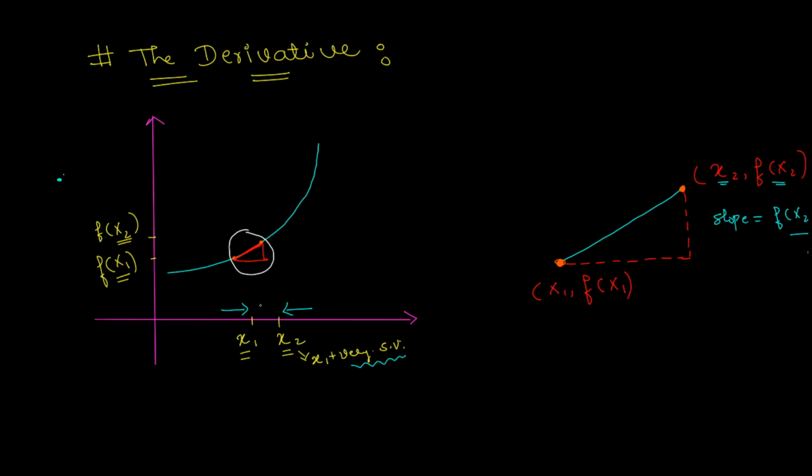That small value is usually represented by delta, which is used to represent a change. Delta x would be change in x. Here x is changing from x1 to x2, but this change is so very small that I'm going to use a different symbol for that. We'll call it dx, right? So this dx is the very small value of x, and that distance right there is dx.